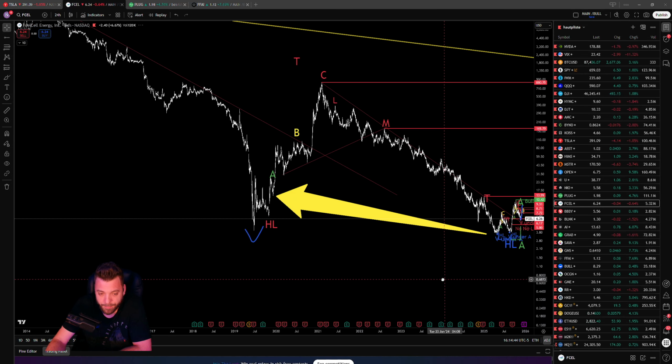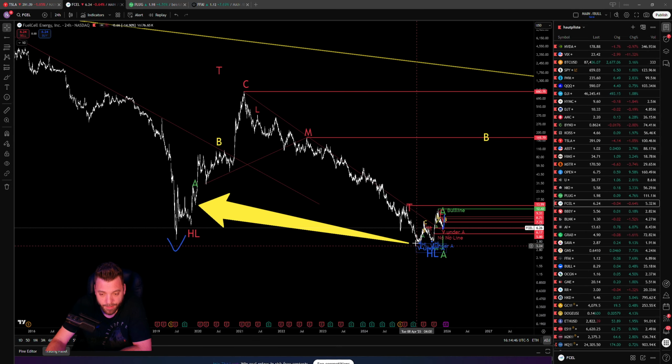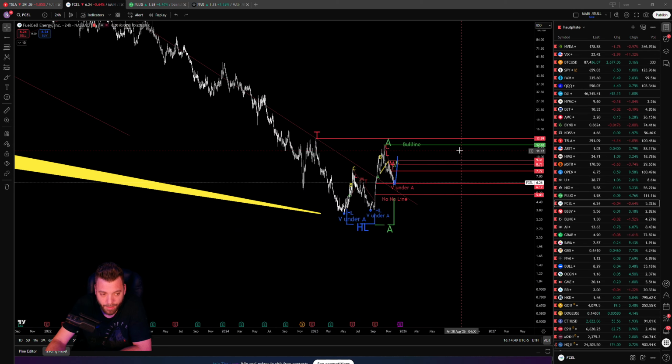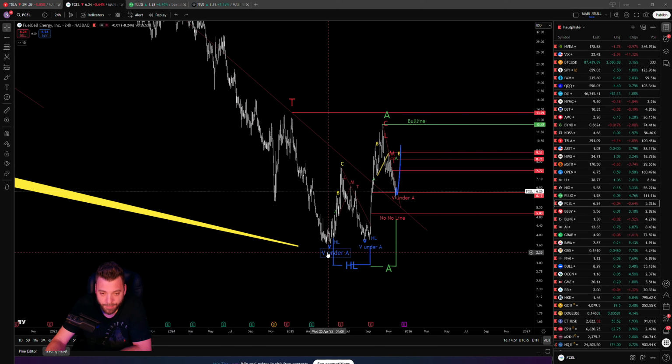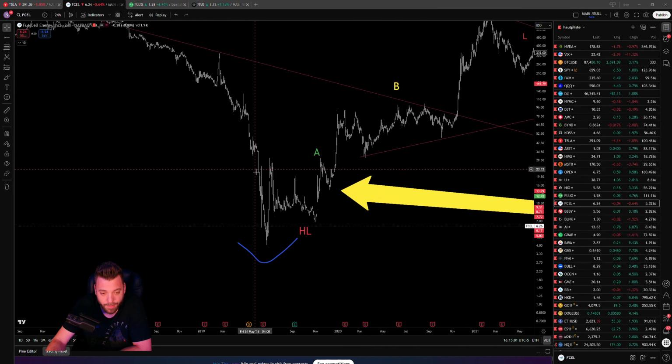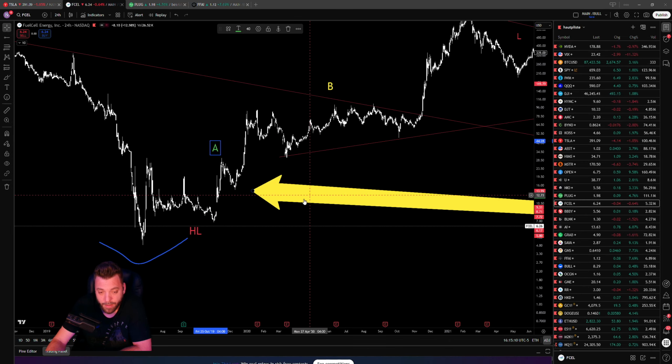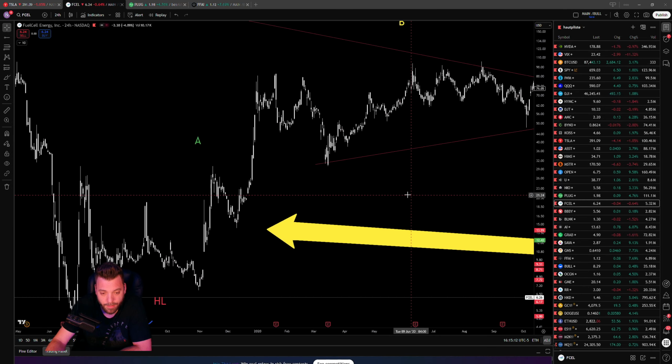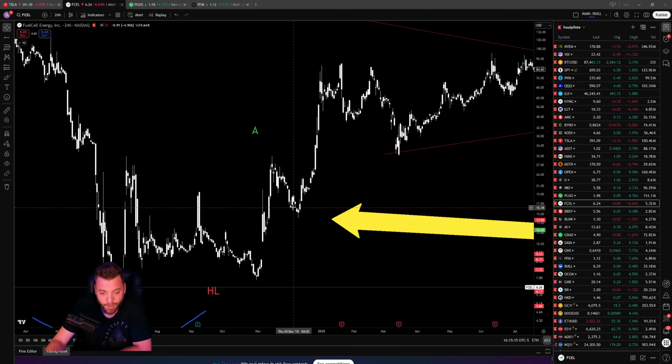Do you see this here? Okay, wait. Remember this chart here. T, triangle, breakout. You come from your T, triangle. This is your high low. This is your breakout. This is your same A. And we would be here right now.